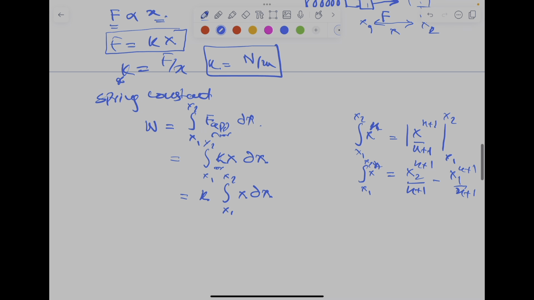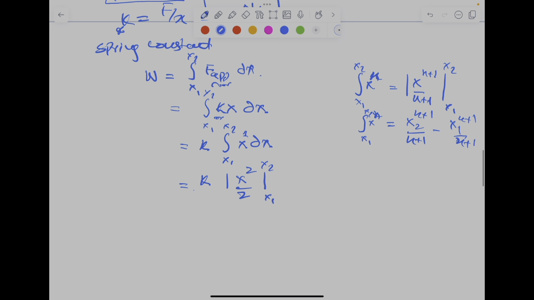Okay, so in that case we have an integral of k x to the power 1, which is x to the power 1 plus 1, 2, over 2, from x1 to x2. So you have k times x2 squared over 2 minus x1 squared over 2.